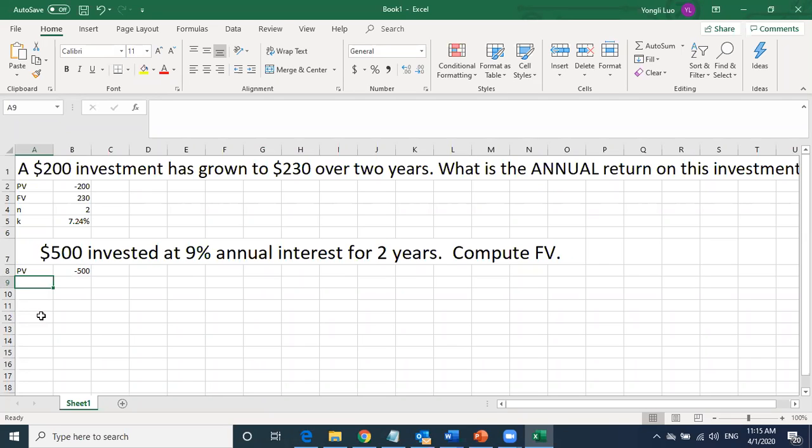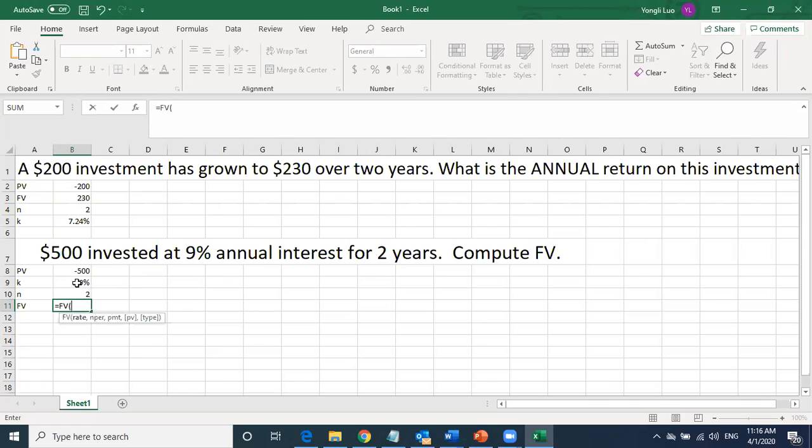The interest rate is 9%. The total number of years is 2 years. So we compute the future value. This is how you calculate the future value.